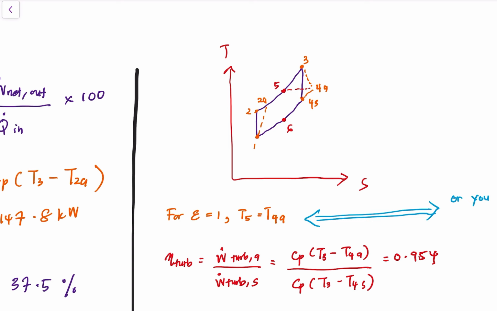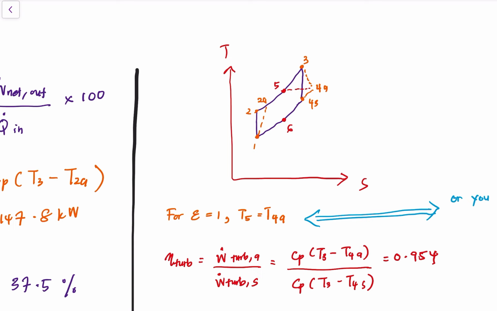State 5 is leaving your regenerator and entering your combustion chamber. State 3 is leaving your combustion chamber and entering your turbine. And state 4 is leaving your turbine and entering the regenerator. And then state 6 is leaving your regenerator, and supposedly it's going to be exhausted to the ambient.